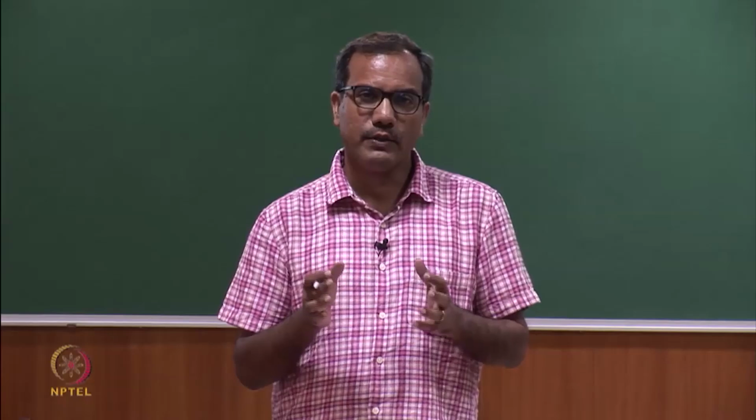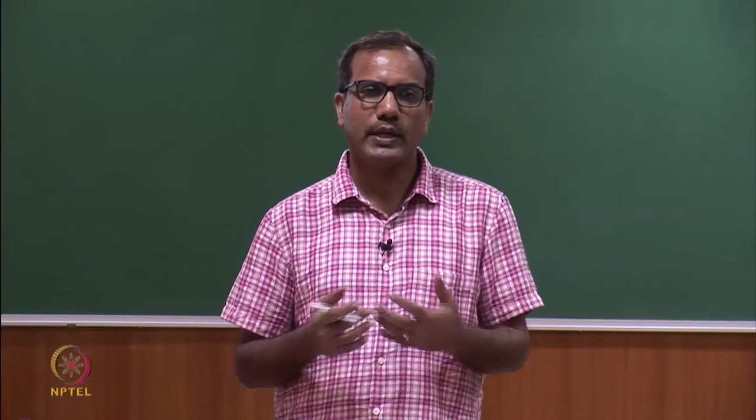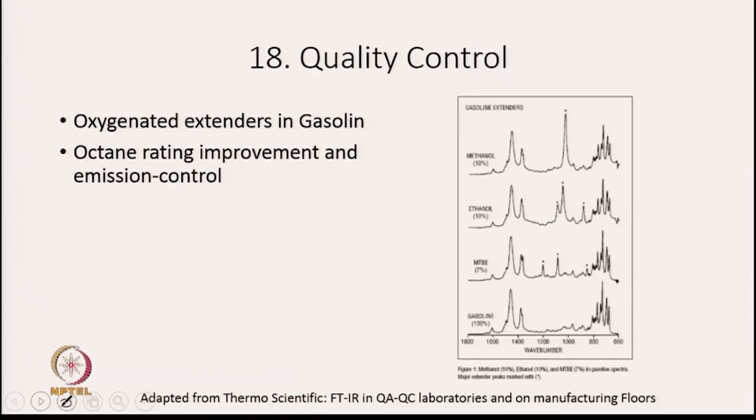FTIR is quite often used for quality control. For example, for looking at oxygenated extenders in gasoline to improve octane rating and emission control. Here you can see there is a gasoline extender, and here you have methanol.